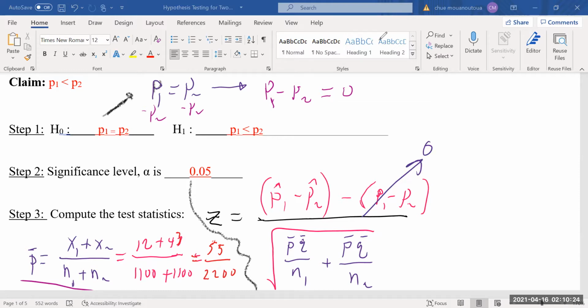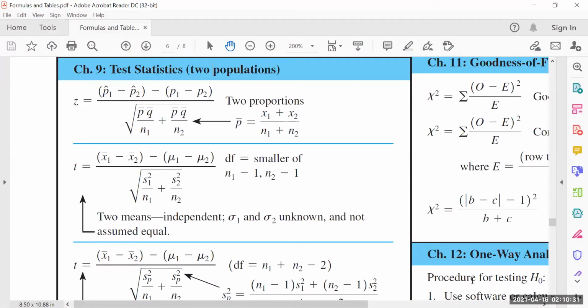So let me switch back to the formula sheets here. You might want to cross out this guy and say 0. Okay. It also turns out that the same thing happens with this guy here, 0. So mu1 minus mu2 is also going to go to 0.